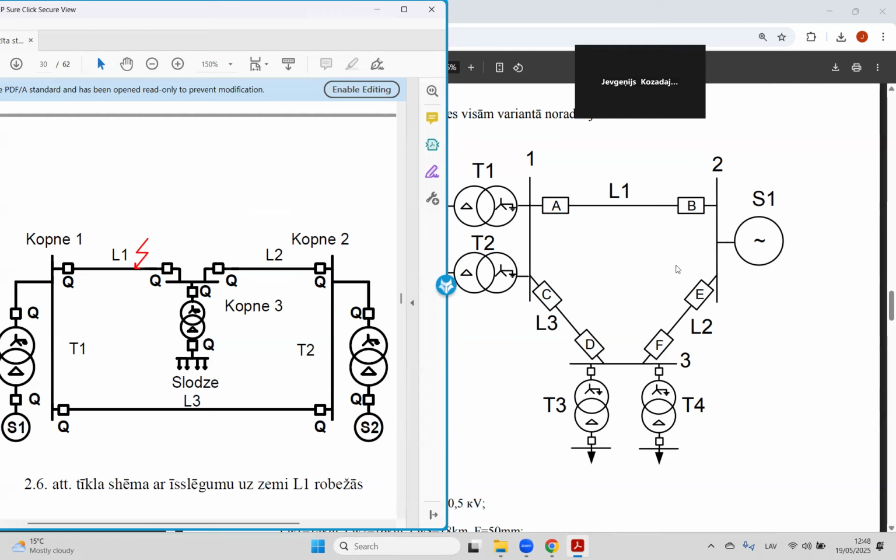So what do we see? We compare two schemes. We have a loop of three lines: line number 2, 1, and 3. The same we see here. All lines, of course, because it is a loop, have a protection device at every end of the line. It is very easy if we have a radial network.